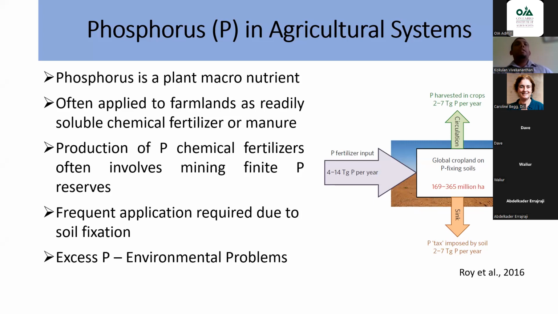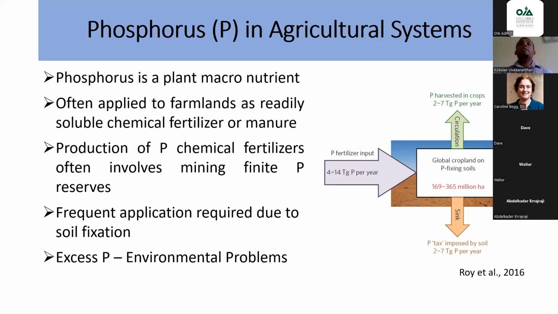Phosphorus is a limited resource as the production of chemical fertilizers often involves mining from finite phosphorus reserves, unlike nitrogen. However, its relationship with the soil is complicated due to immobilization and phosphorus fixation.